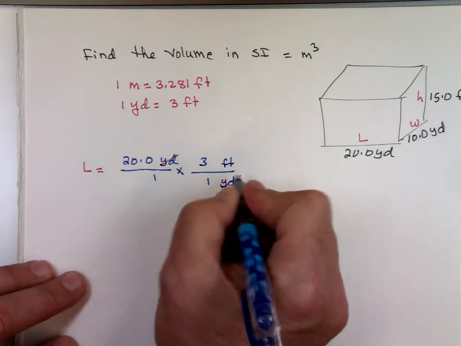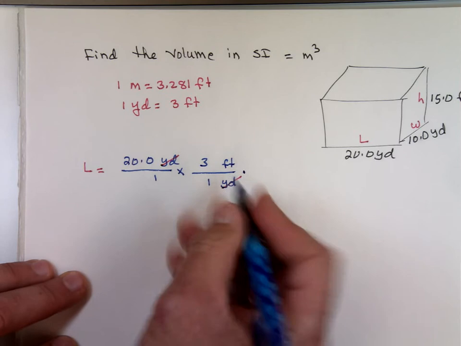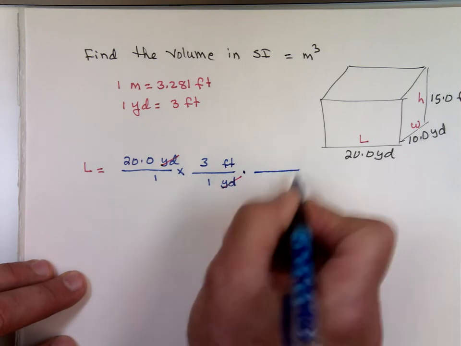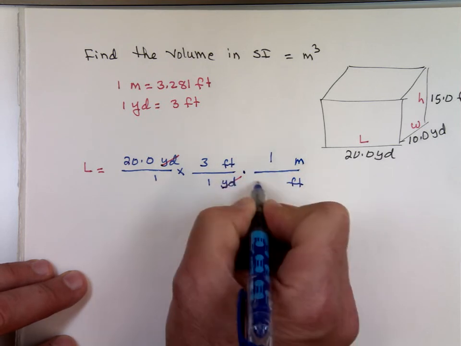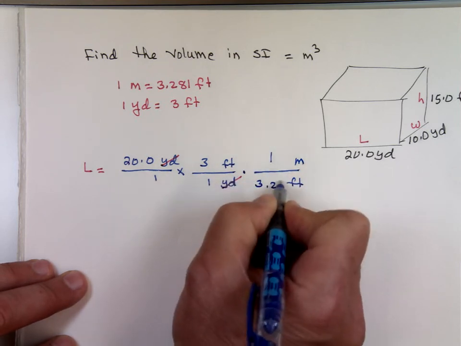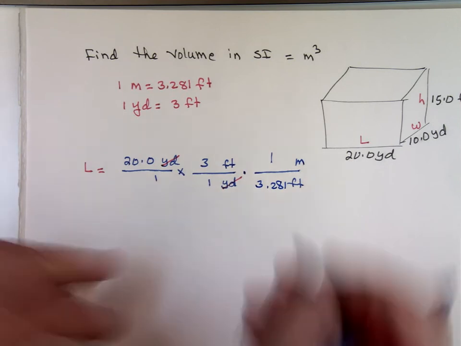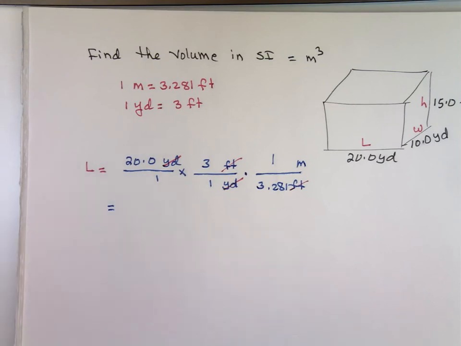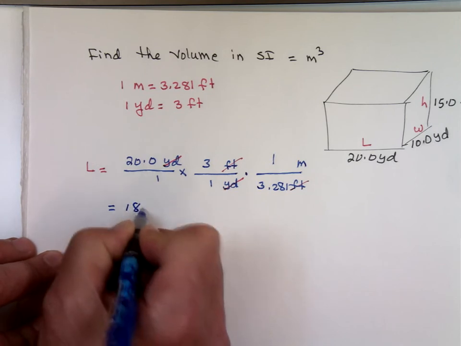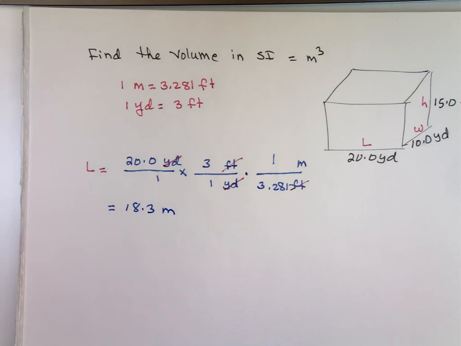I cancel the yards. Now I have to convert the feet to meters. 1 meter has how many feet? 3.281. So the length will be 18.3 meters if you round that to 3 significant digits.